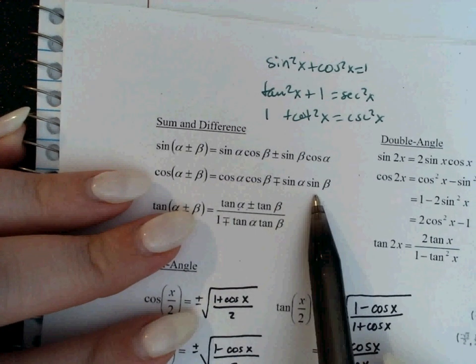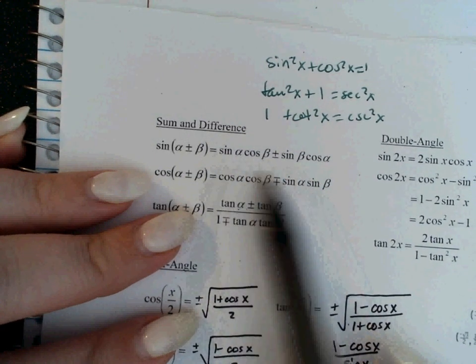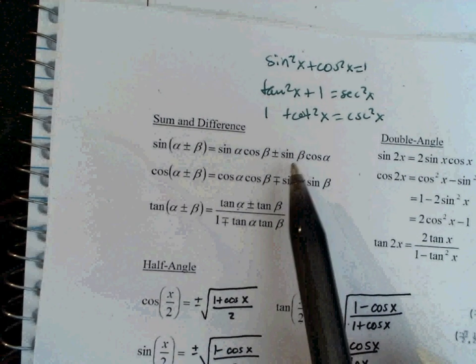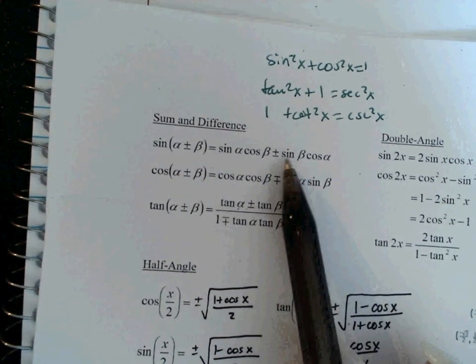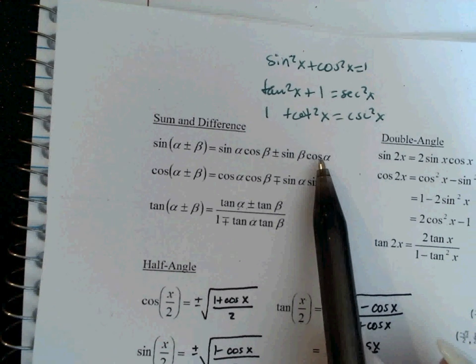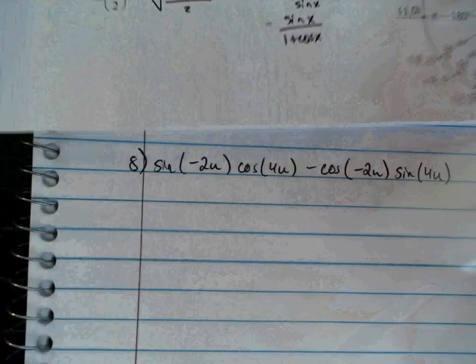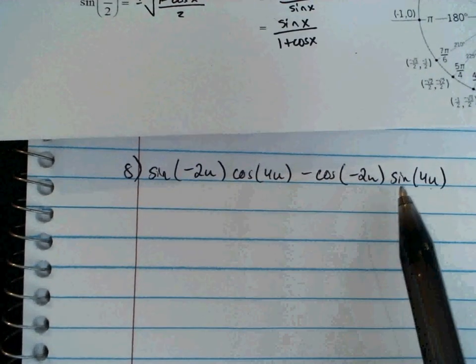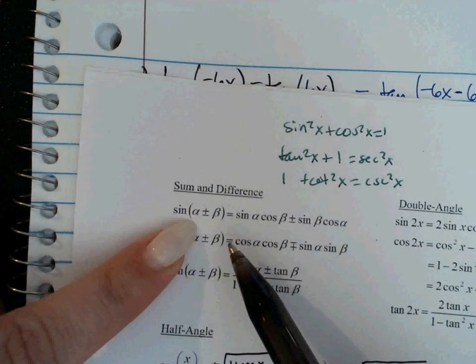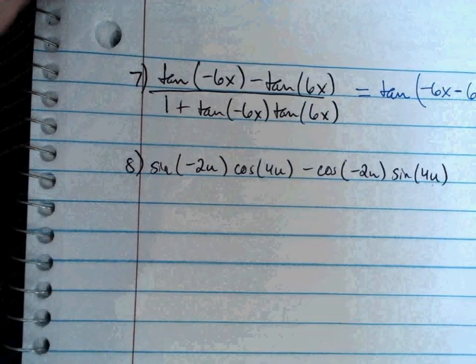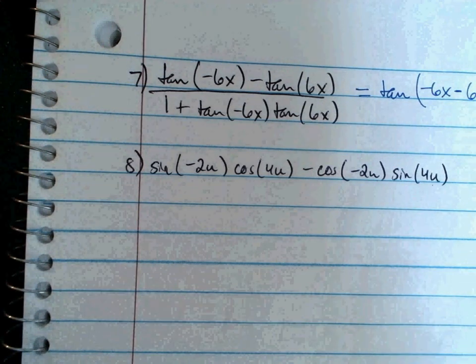Okay, so this one has sine cosine sine cosine, this one has cosine cosine sine sine. The only one that switches is going to be this sine one up here, so it's okay if the order is a little bit different. Sine of beta times cosine of alpha, same thing as cosine of alpha times sine of beta. So it looks like they just kept the 2u and the 4u in the right order. Okay, so I'm thinking for sure it's a sine of alpha plus or minus beta.